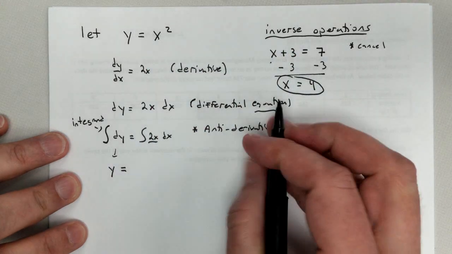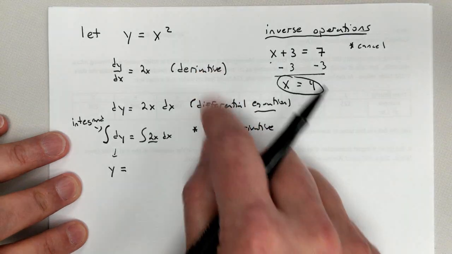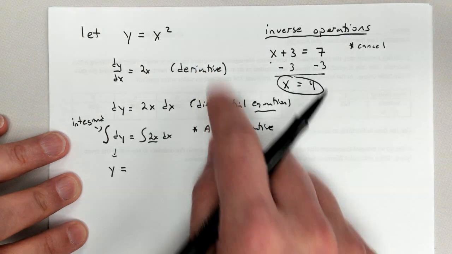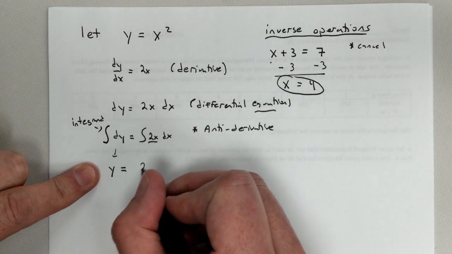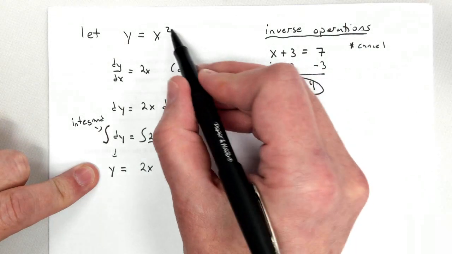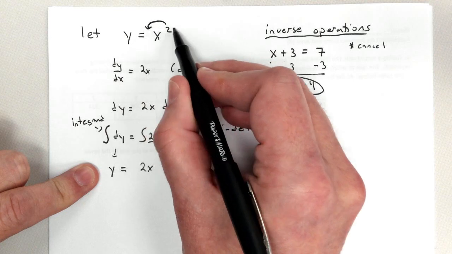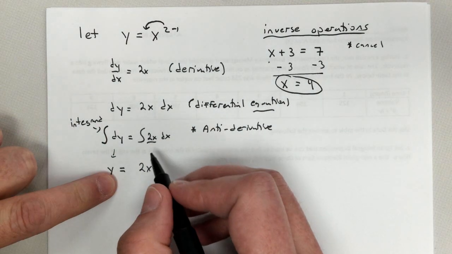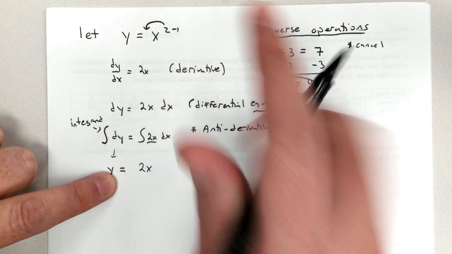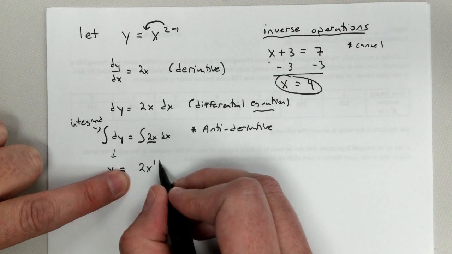If these are true inverse operations, the derivative and the antiderivative, then we just have to undo that power rule. So our power rule was originally, we were going to bring down the 2 and then subtract the 1. Well, we're going to do the opposite. So instead of subtracting 1, we would add 1 to the power.